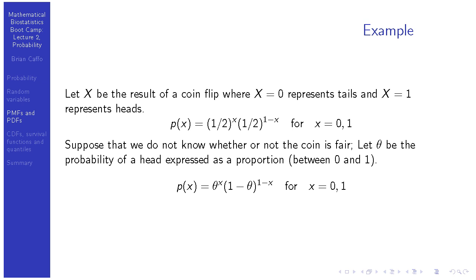So imagine if you had a coin and you didn't know whether or not it was fair, we would represent that unknown probability of a head as theta. So I want to give you a sense of where we're going. In this case, the probability mass function is the entity that governs the population of coin flips.